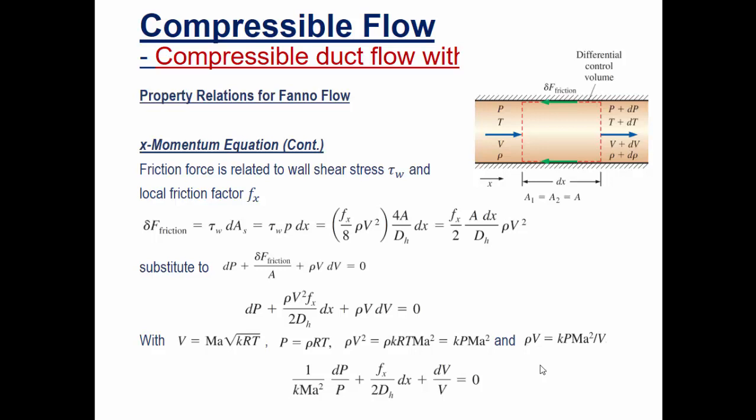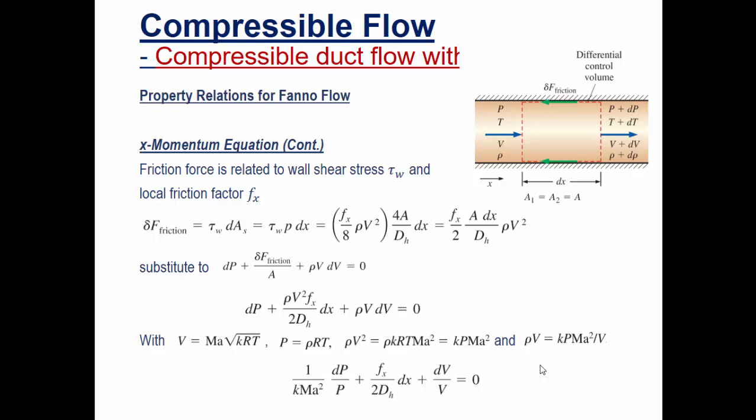We know that based on our previous knowledge in solid mechanics, the friction force is related to the shear stress. I hope all of you still remember the term shear stress, which is represented by tau W, and this is related to the local friction factor to find the friction force itself.